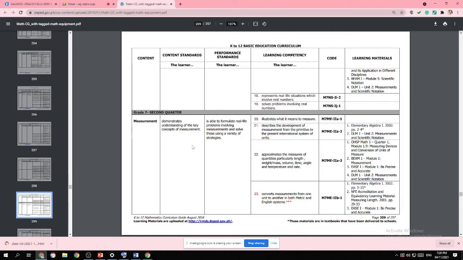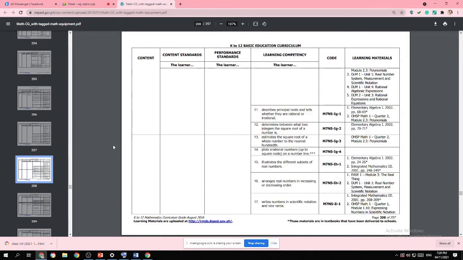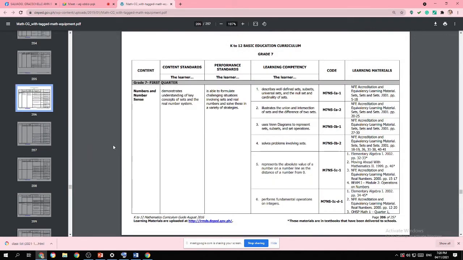This is grade 7. Here you go. So this is the first quarter for grade 7. As you can see, we have the content standards, the performance standards, and the learning competency. Just disregard the code and the learning materials. Our focus will be on the content, meaning the algebra, number sense, and geometry.